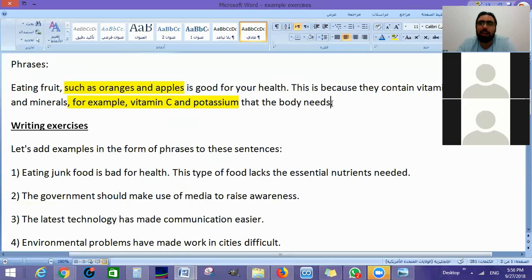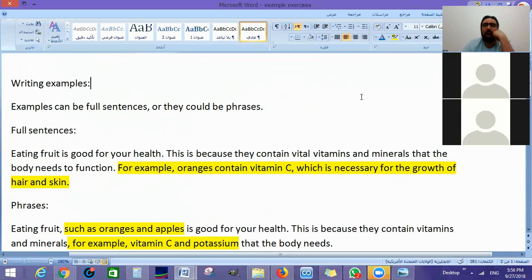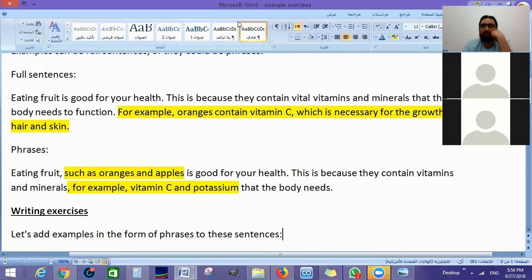Okay, so here I've done it two ways. I've done it by writing a full example, a full sentence, and I've done it by adding a phrase. For example, vitamin C and potassium, such as oranges and apples. So there is more than one way to write an example.